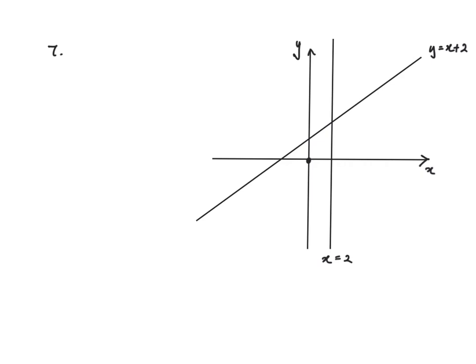And at 4, 8, which is somewhere up here, we have a minimum turning point. We also know that the origin is both an x-intercept and a y-intercept.